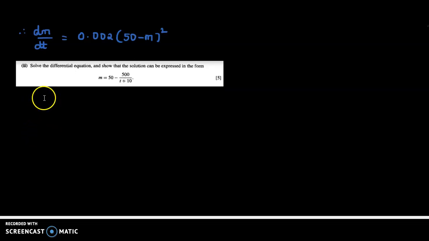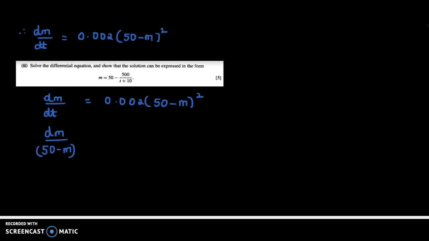Now from part 1, dm/dt is equal to 0.002(50 - m)². So let's bring across the (50 - m)² and take across the dt. So dm over (50 - m)² is equal to 0.002 dt.